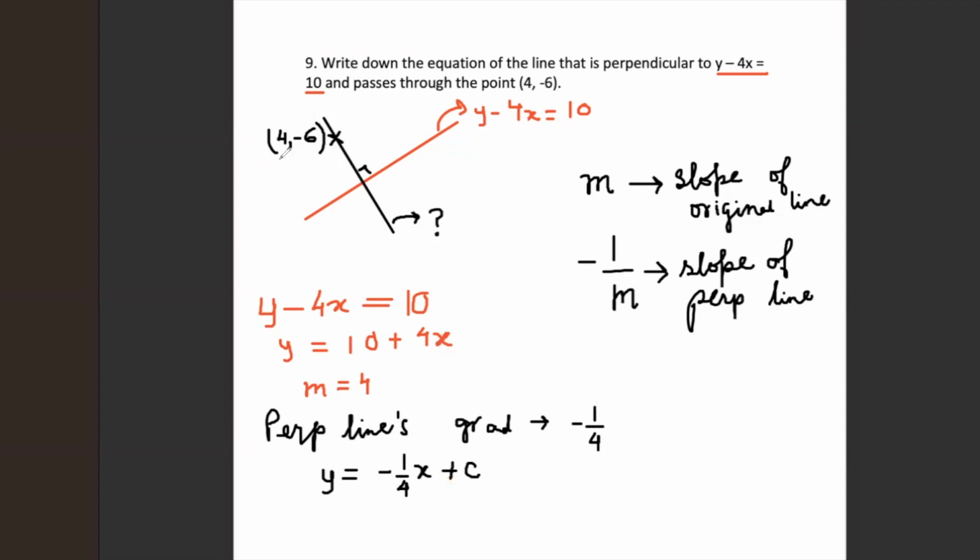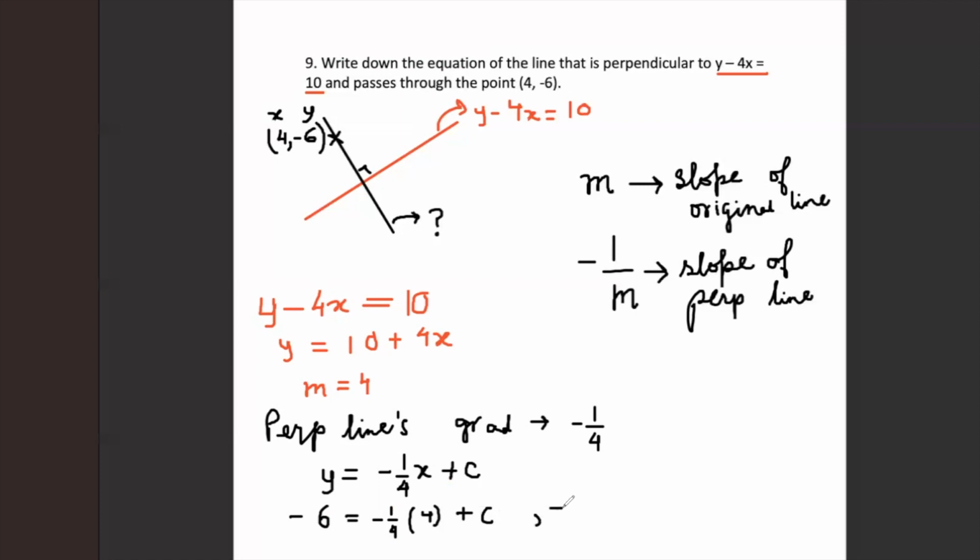So we can again use the point given to find out this c. So our point is x equals 4, y equals minus 6. So we're going to substitute that here. Minus 6 equals minus 1/4 of 4 plus c.